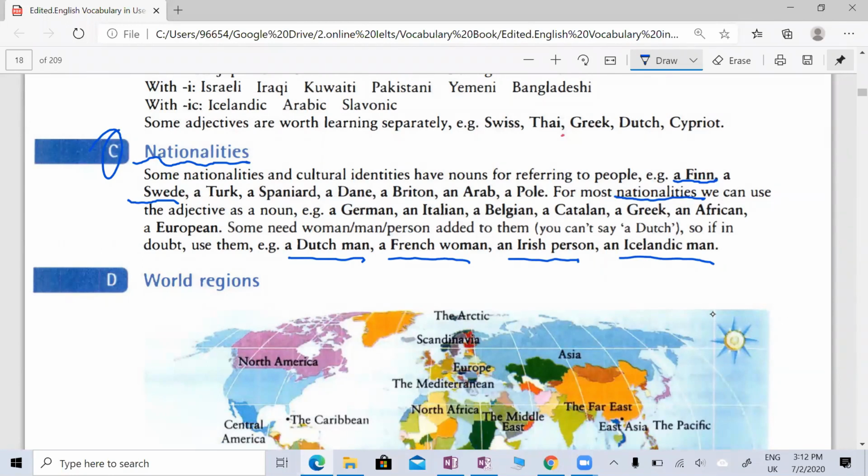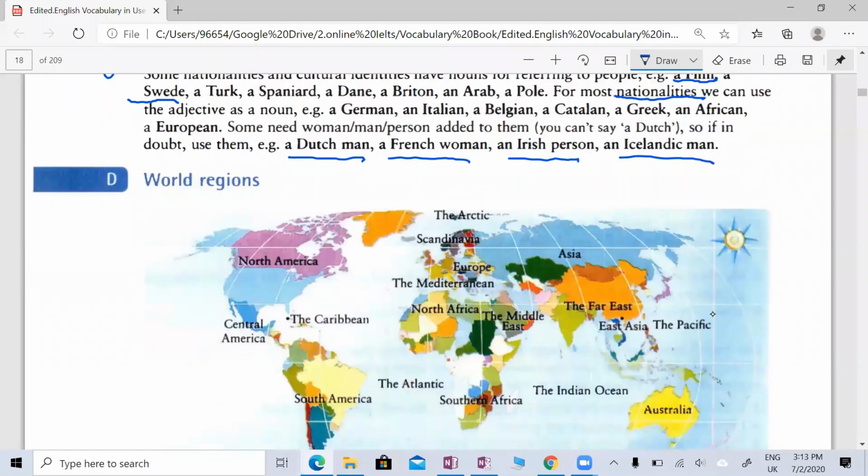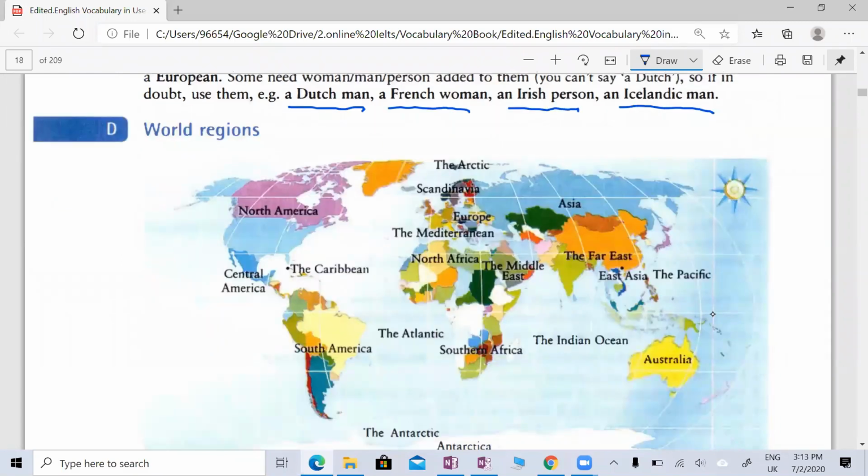Okay, so the next part of this reading is about world regions. We will discuss different world regions here.